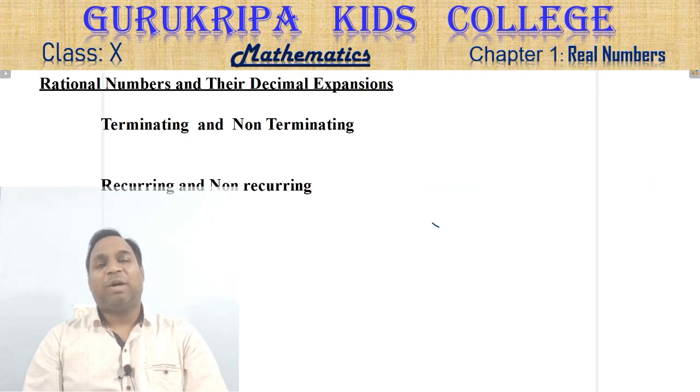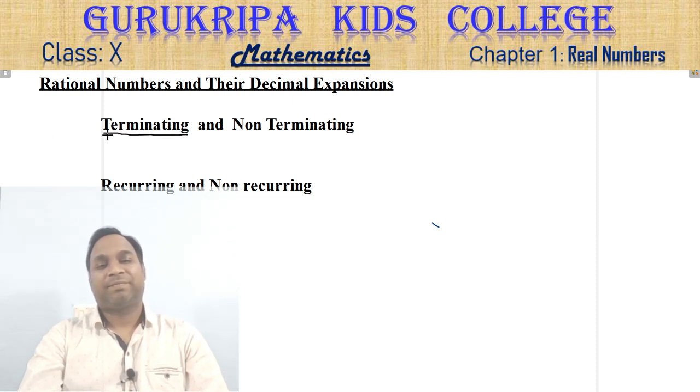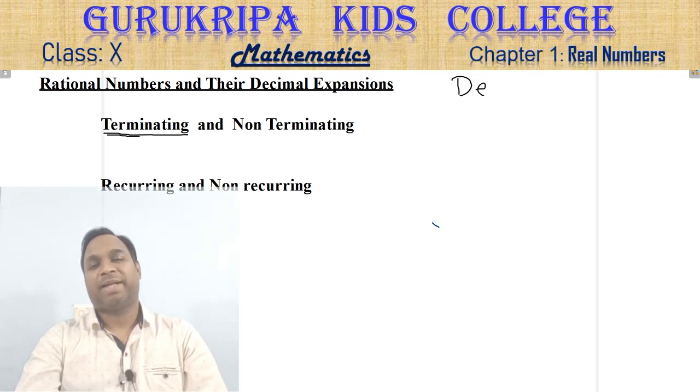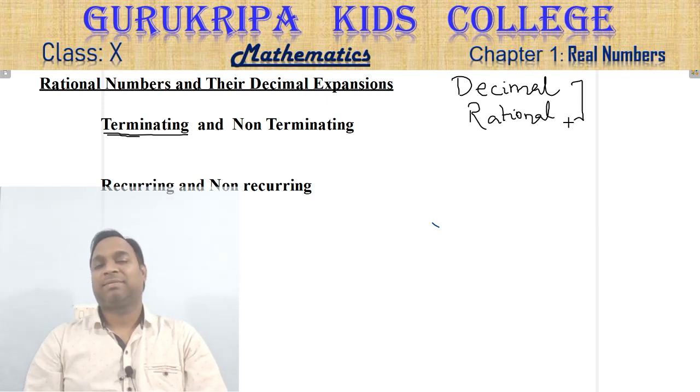Okay, now see. Some decimal numbers were terminating. We are talking about rational numbers because decimal numbers are also rational numbers. Are decimal numbers and rational numbers both the same or not?